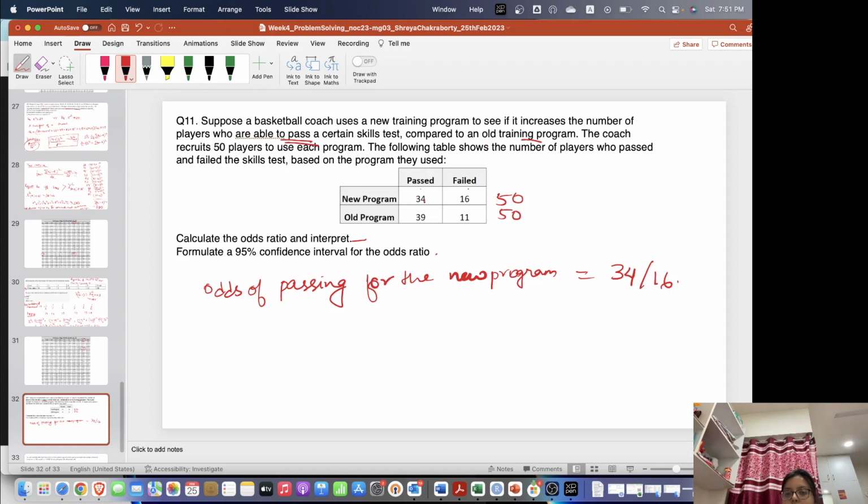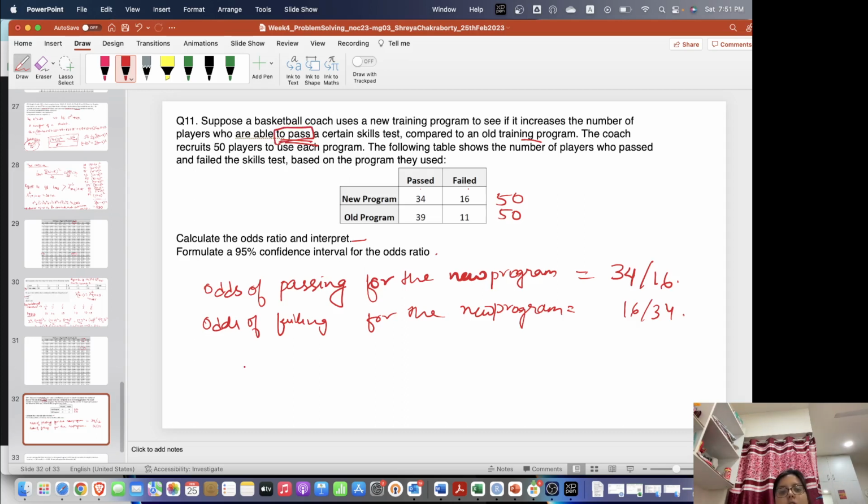Odds of failing for the new program would be just the reverse, 16 by 34. Here we are concentrating on the ability to pass, so we'll focus on odds of passing.